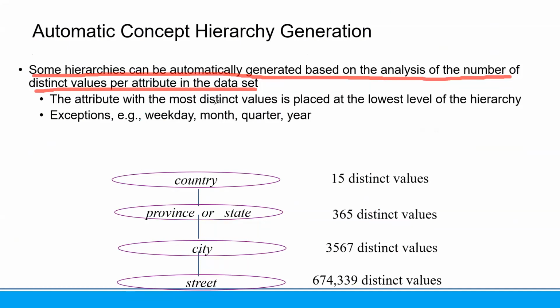In 15 countries, they have many states. And in these states, they have many cities, so there are more numbers of cities. And in these cities, we have many streets. So it is more. The lowest level will have the highest number of values. The attribute with the most distinct values is placed at the lowest level. So this is the lowest level.